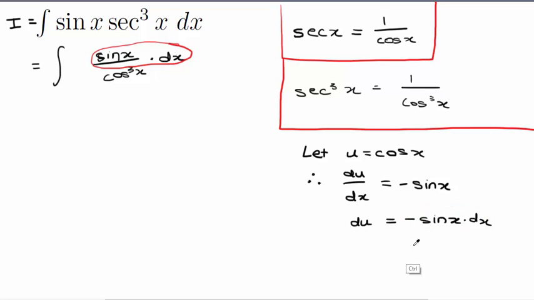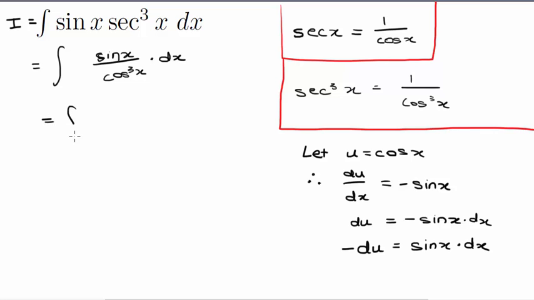So we're going to multiply both sides by minus 1. That gives us negative du is equal to sine of x multiplied by the differential dx. Here we can replace sine of x times dx with negative du in the integrand. And of course we can replace cosine of x with u.